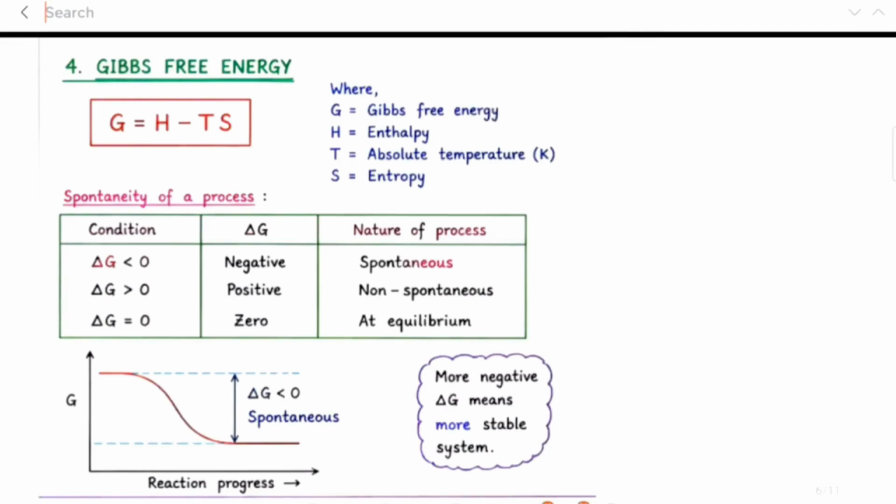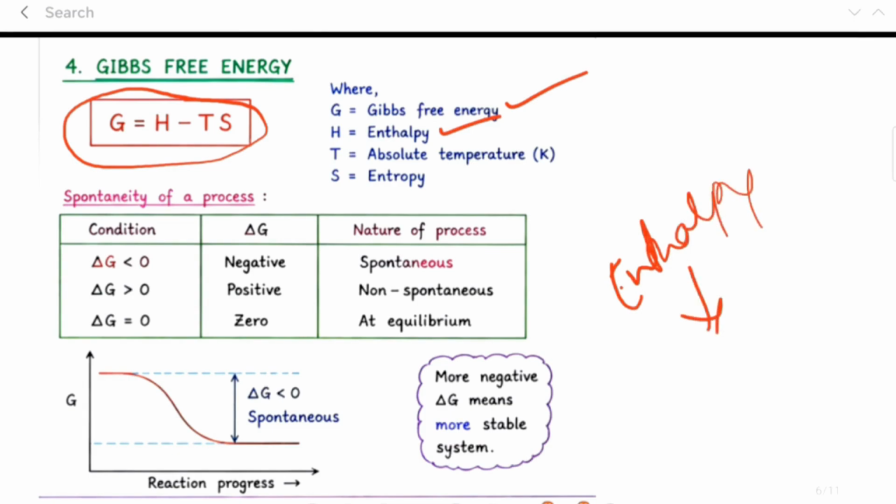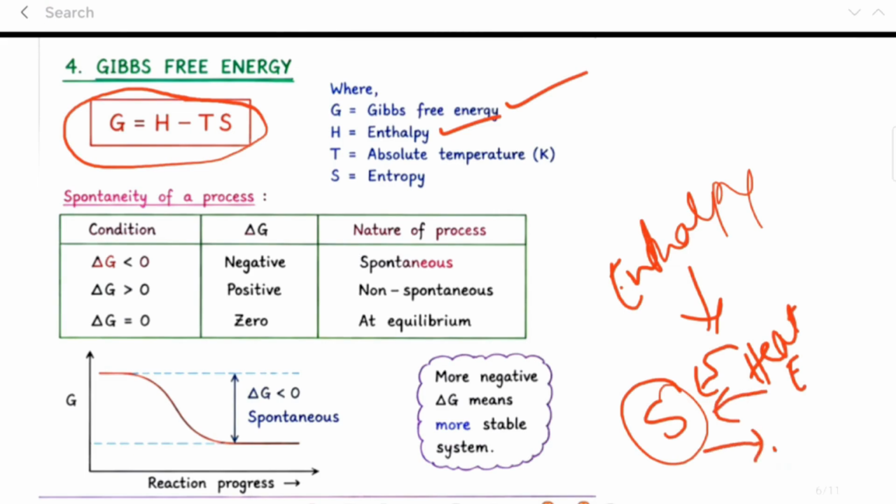Gibbs free energy. What does Gibbs free energy mean? It is represented by the equation G = H - TS. Here G means Gibbs free energy, and H is enthalpy. So what does enthalpy mean? Enthalpy tells us in a system how much heat energy is absorbed and how much heat energy is removed.